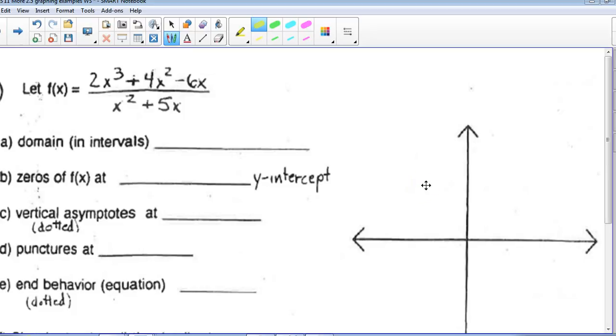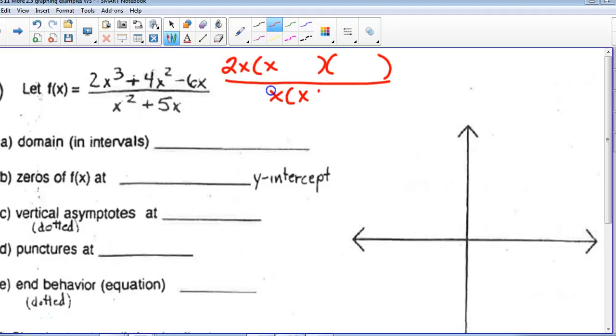Factor. Factor, factor, factor. Okay, I was trying to factor it without writing that step out.